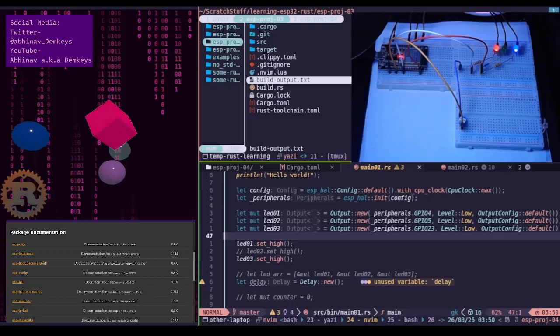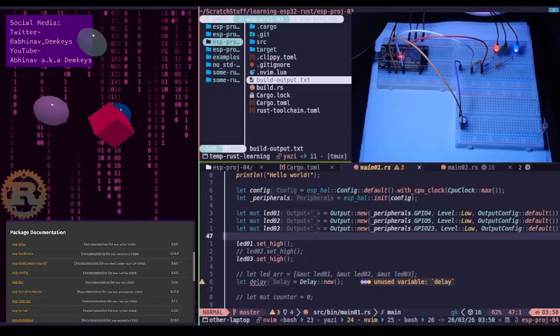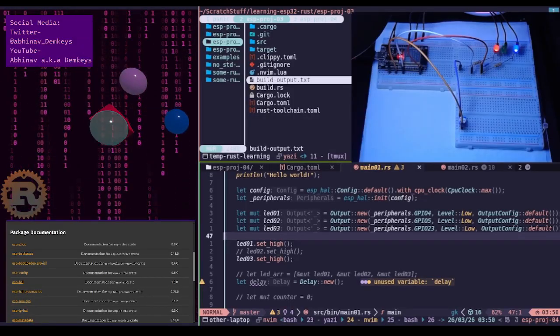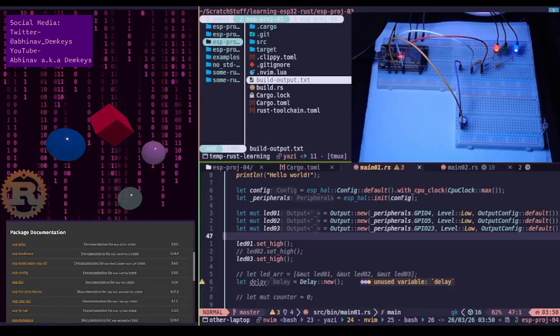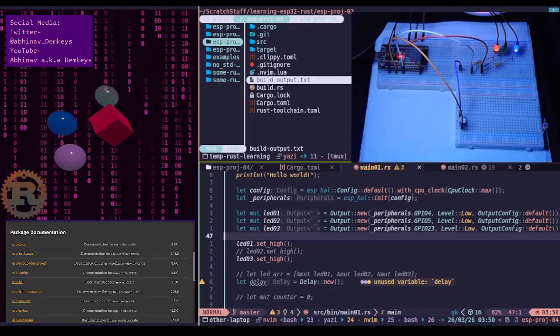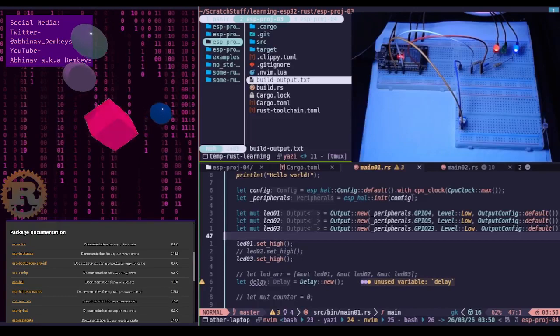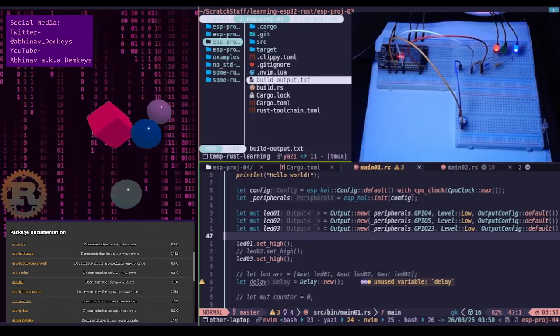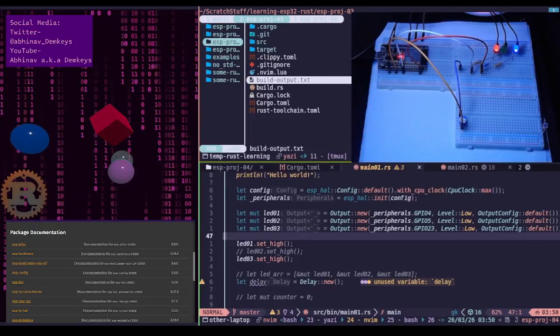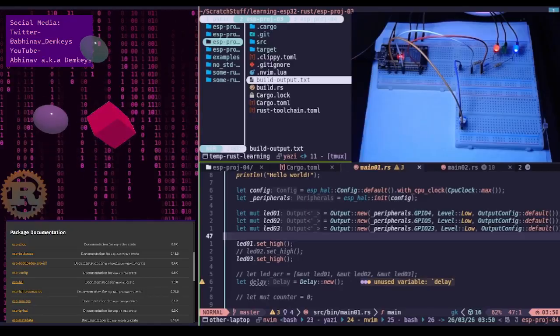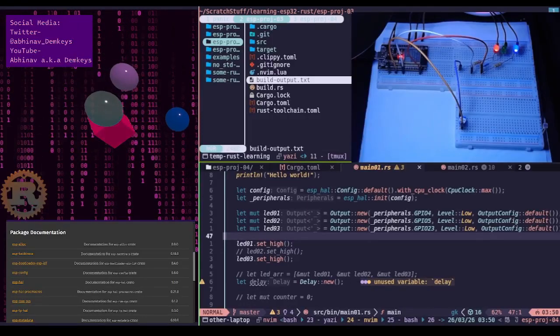So I've been having a very long conversation with Gemini about trying to understand how these different concepts within digital electronics work, but on a higher level.